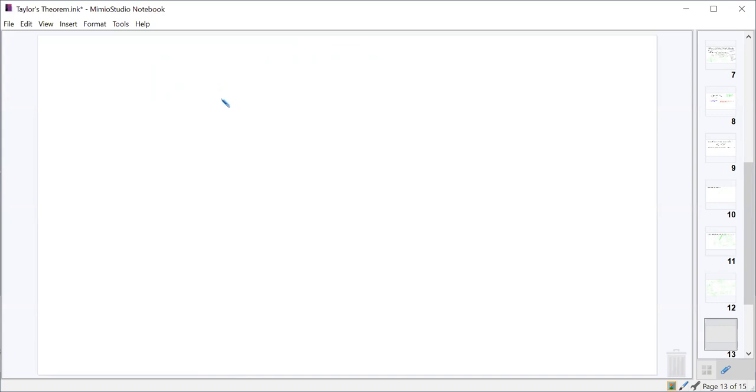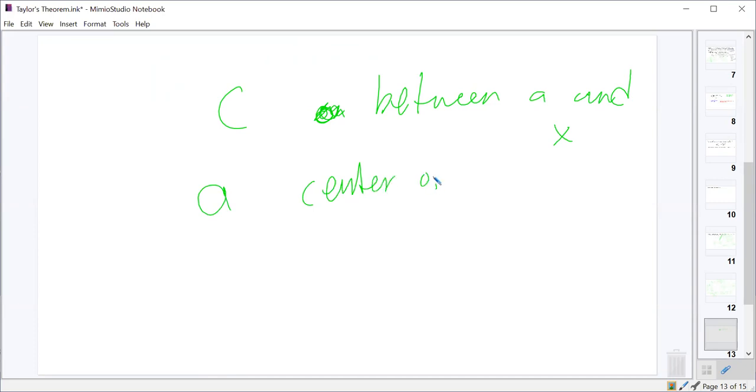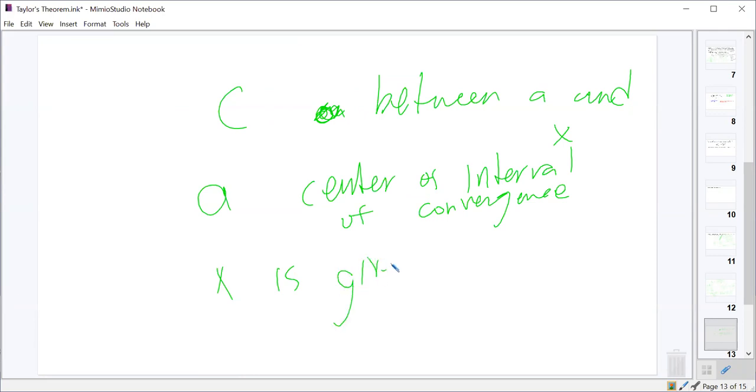We're talking about the C that is between A and X. So I have misstated this. The C between A and X. A is the center of your interval of convergence, and X is the given value.